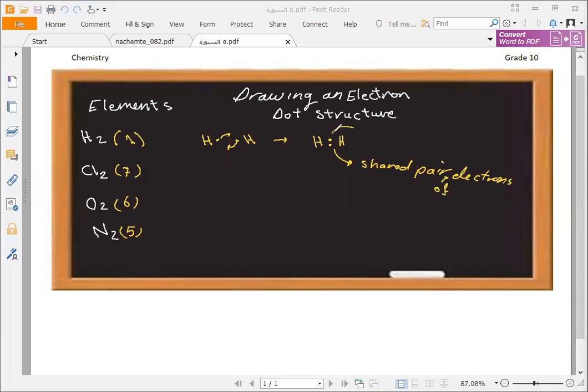This covalent bond is a single covalent bond.